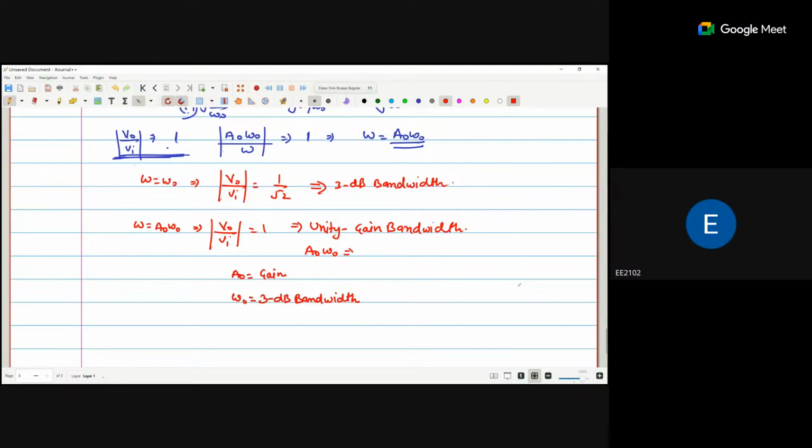So this A naught omega naught is also called the gain multiplied with bandwidth, or it is also called the gain bandwidth product.